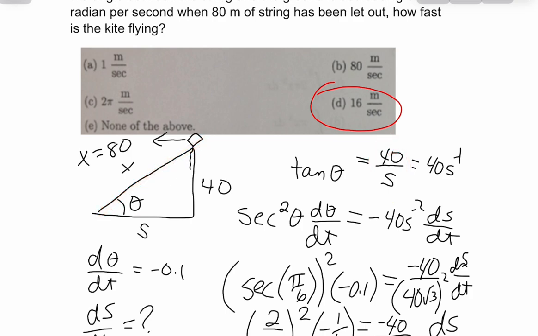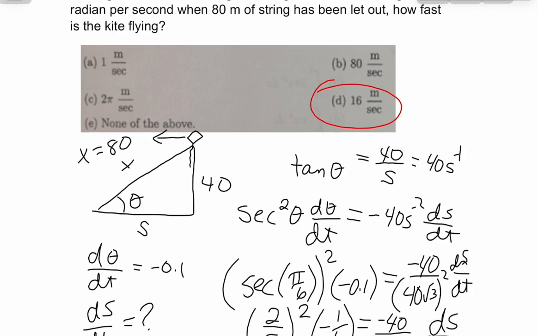If they gave us the x, we would use dx dt, and we would maybe use a sine or a cosine, but we do want to use the tangent, so we just have s and 40. Now I rewrote that so it's easier to differentiate as 40 s to the negative 1.